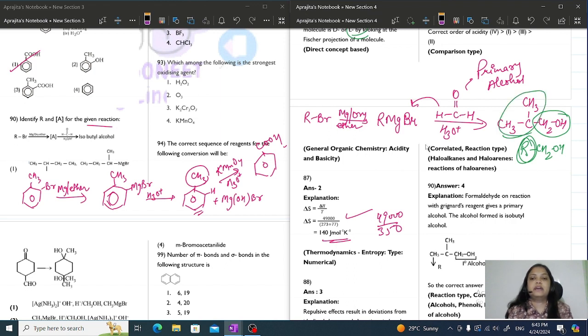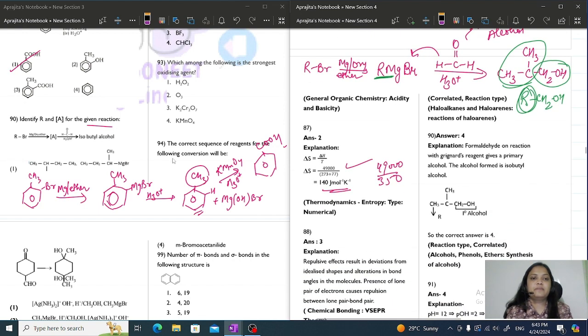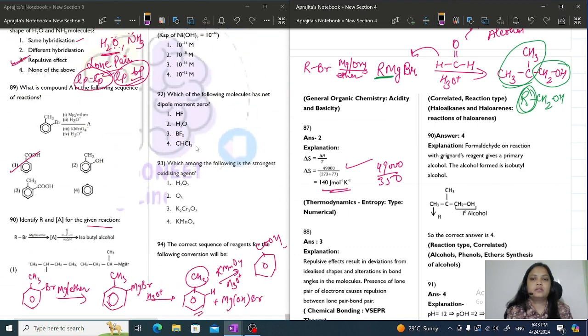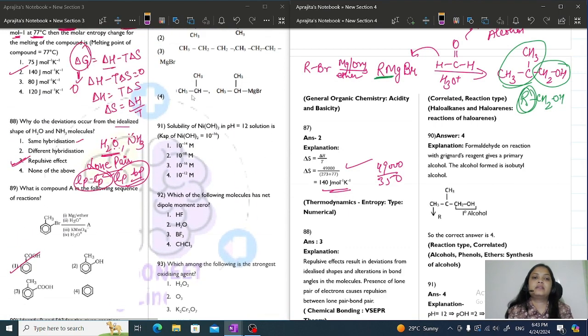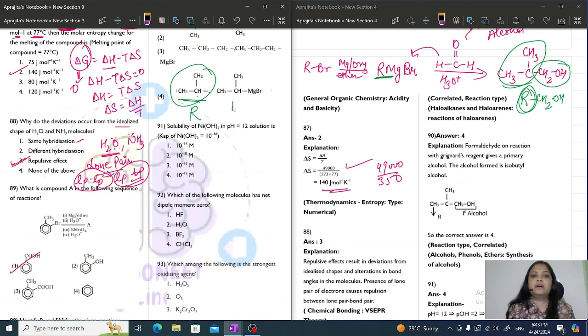We can say this R group is the isopropyl group, which is coming from the Grignard reagent. So yes, in these options, R is our R group and this is RMgBr. So the isopropyl group is there. The answer is option number 4.